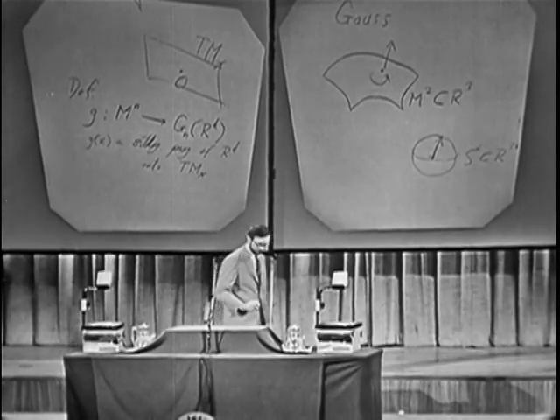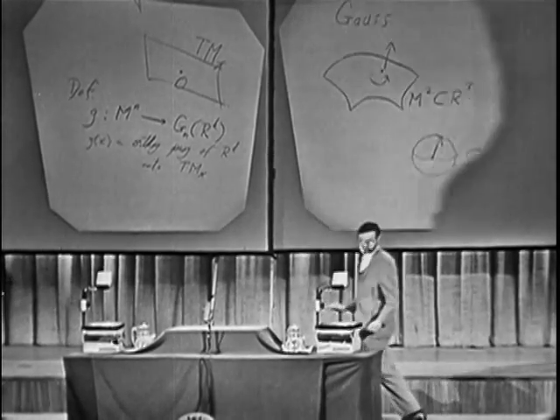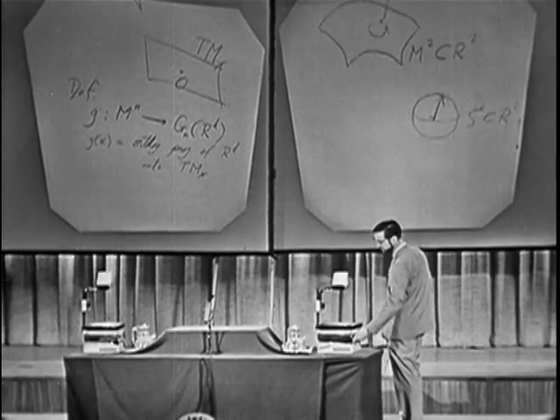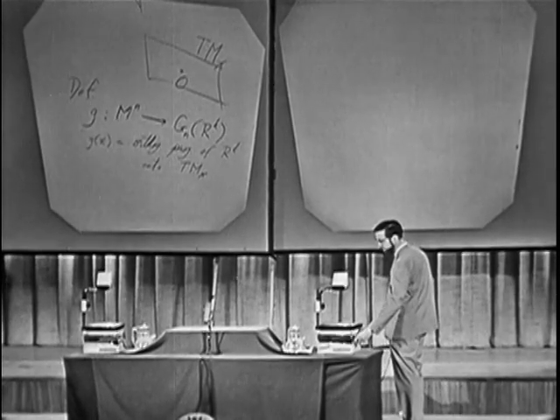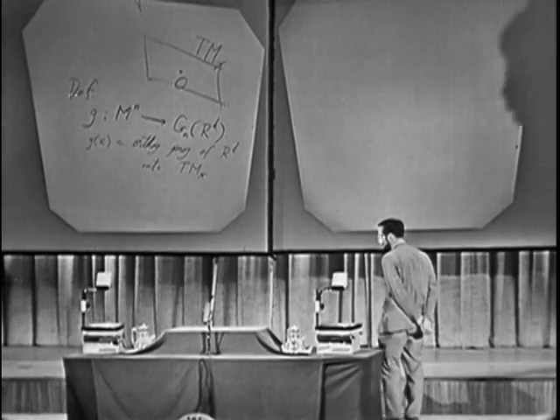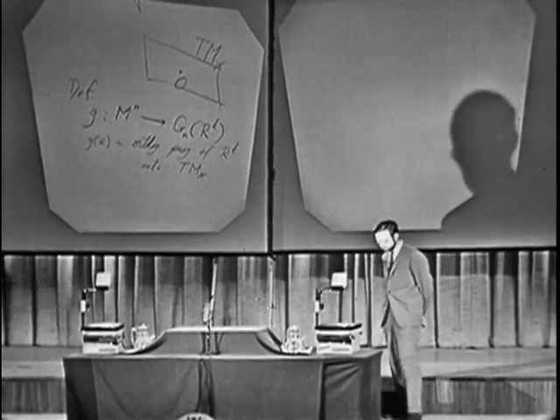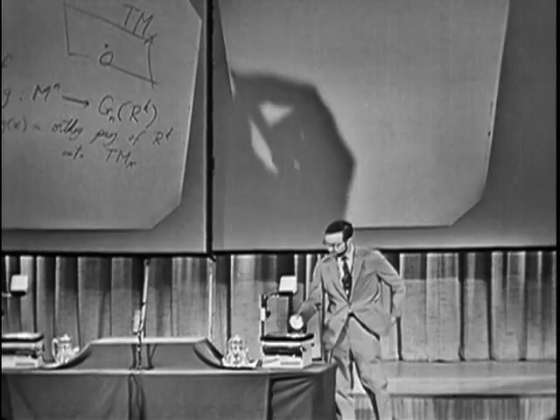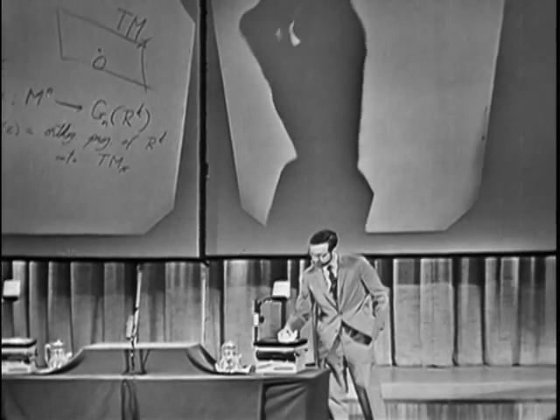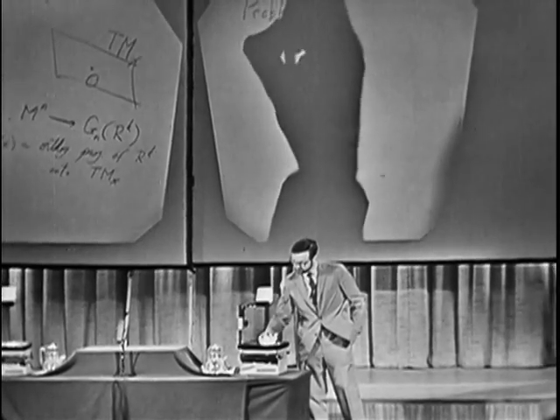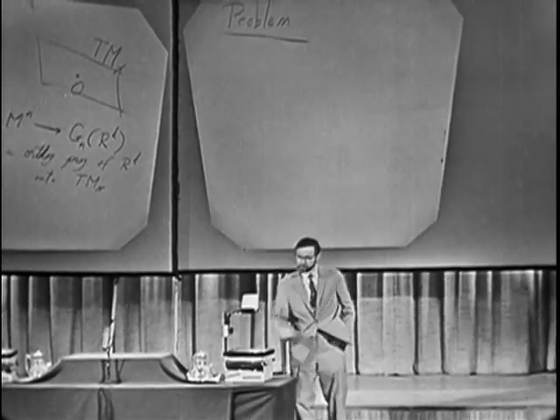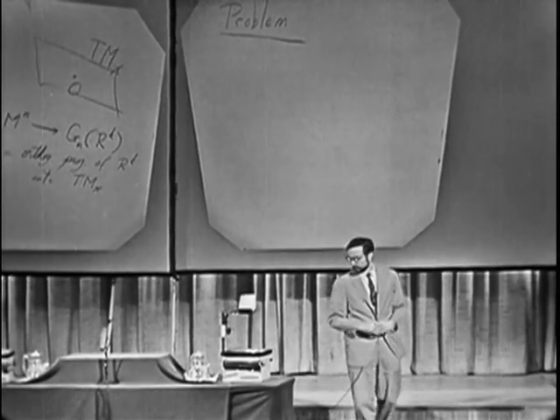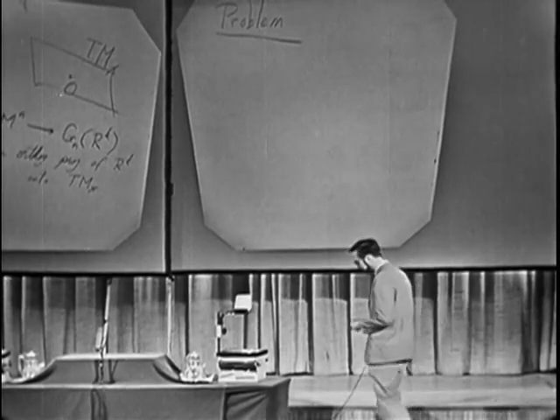And now let me give an illustration of the importance of this construction by mentioning the following problem. The problem is this: if we're given a manifold, we can ask whether or not it's a boundary.